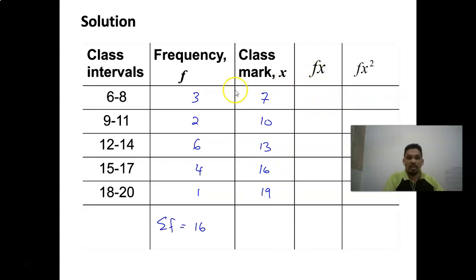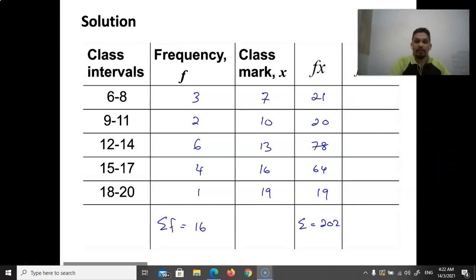So f times x: 3 times 7, 21. 2 times 10, 20, 6 times 13, 78. 4 times 16, 64. And 1 times 19 equal to 19, and the summation of fx equal to 202.